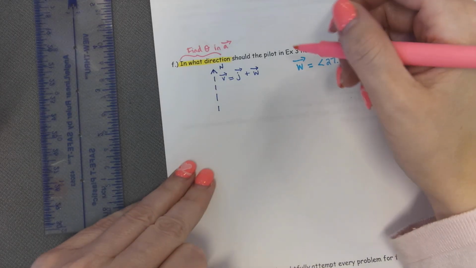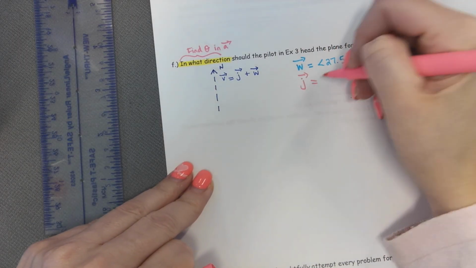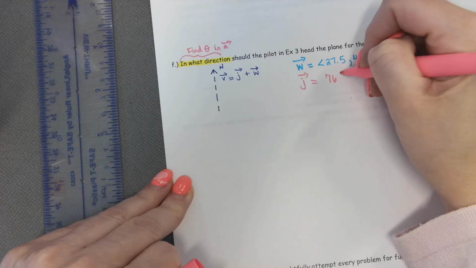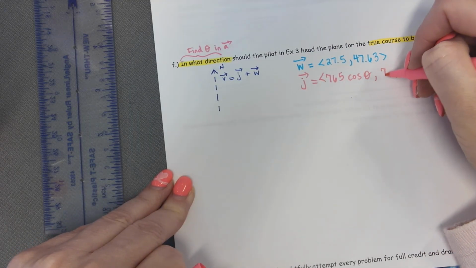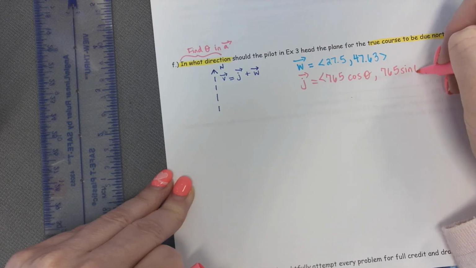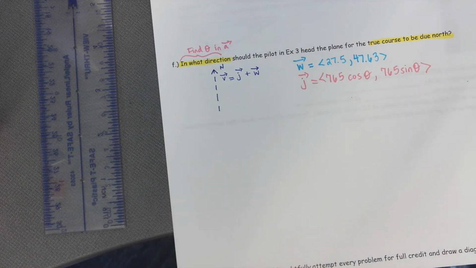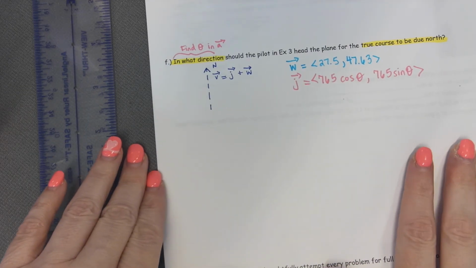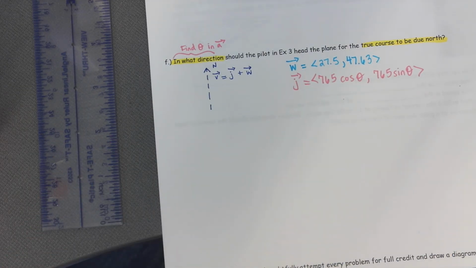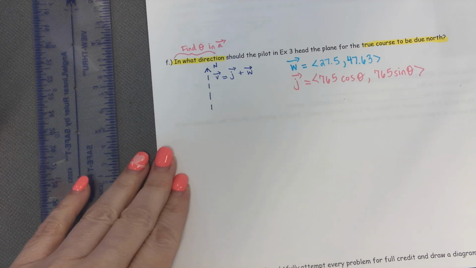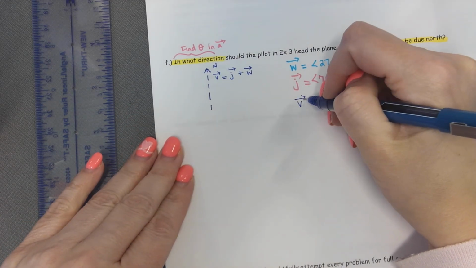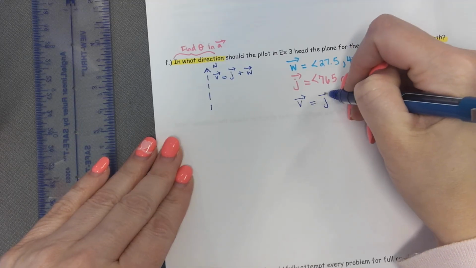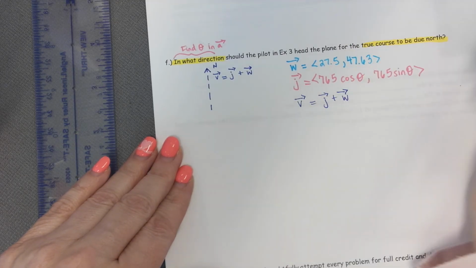Okay, the jet that we're trying to find, we know the magnitude. The magnitude is 765, but we're going to do 765 cosine of theta, 765 sine of theta. So our velocity vector is going to be the jet plus the wind.